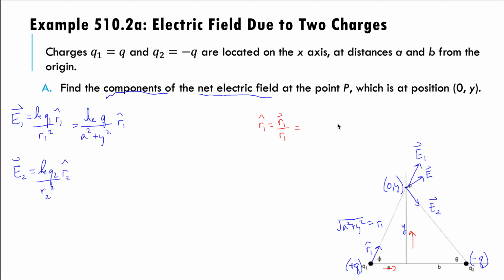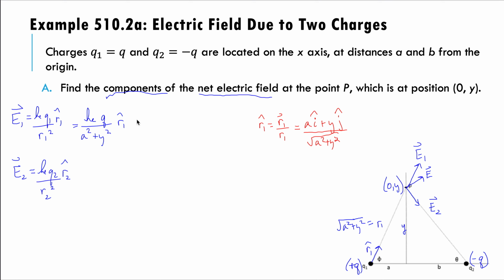So we can write the vector r1 as a in the i direction plus y in the j direction. And the magnitude of r1, we already said, was the square root of a squared plus y squared. So we have our unit vector.